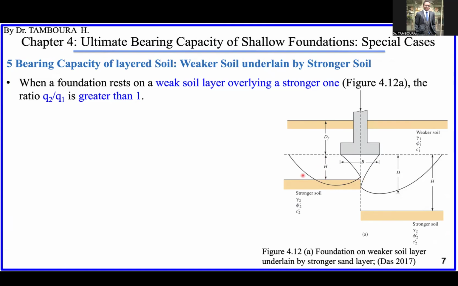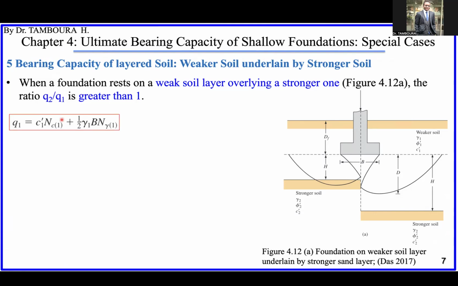In this case, the bottom layer will contribute to the bearing capacity. And this ratio, q2 divided by q1, is the ratio of the capacity of the stronger layer divided by the capacity of the weaker layer, so it will obviously be greater than 1. But we will need this ratio also.